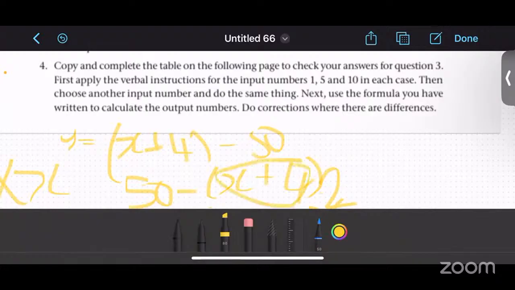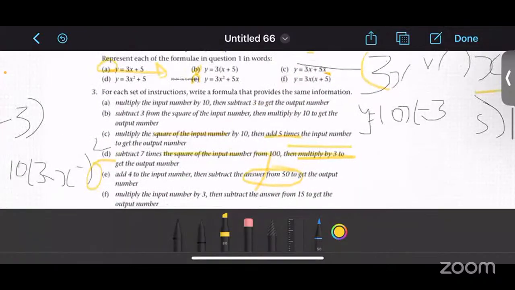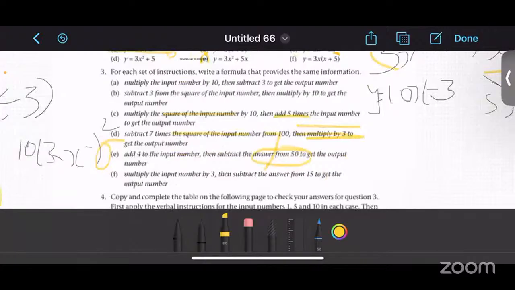Okay, then let's go to the last one over here. They say multiply the input number by 3, then subtract the answer from 15 to get the output number.